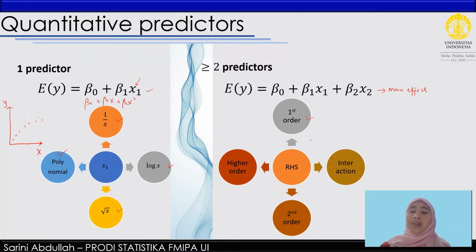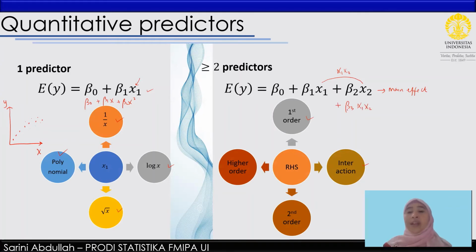We need to consider whether only the main effect model is enough, or whether there are any interactions between the predictor variables. For example, do we need to consider the interaction between x1 and x2? So instead of having just the main effect, we also need to include, for example, beta 3, x1, and x2.